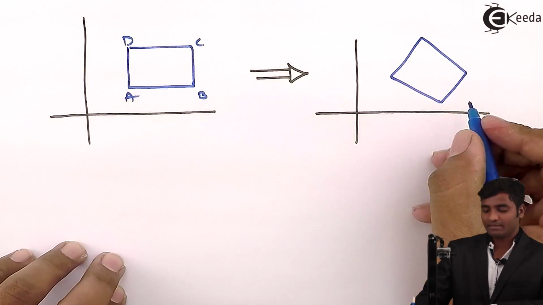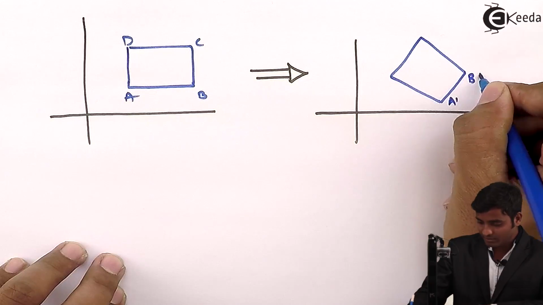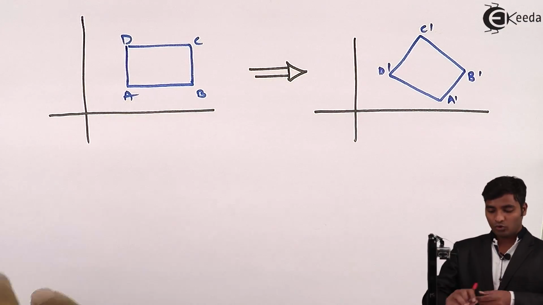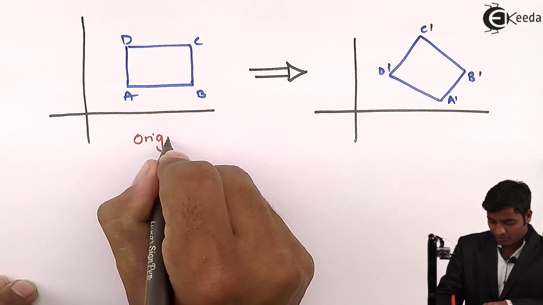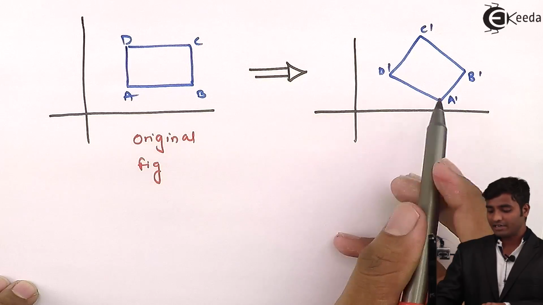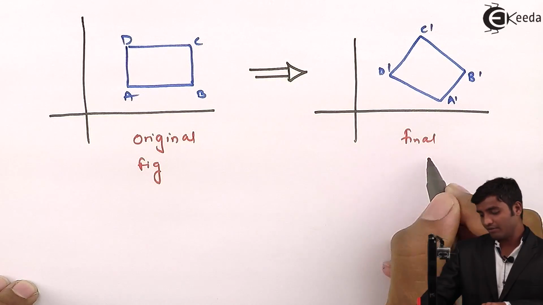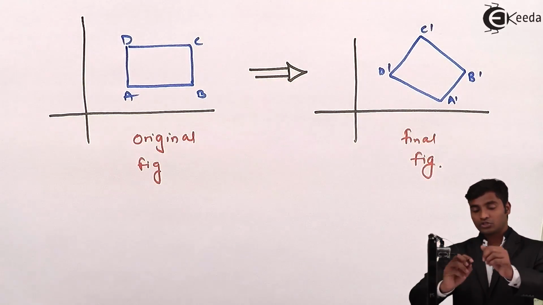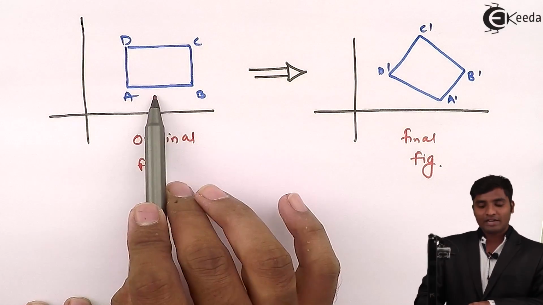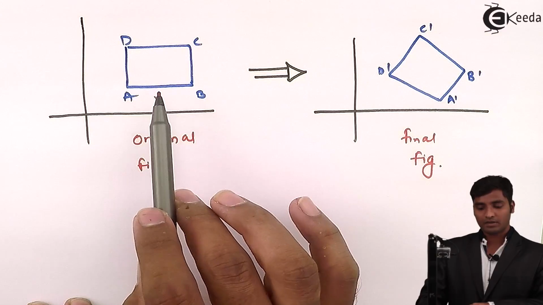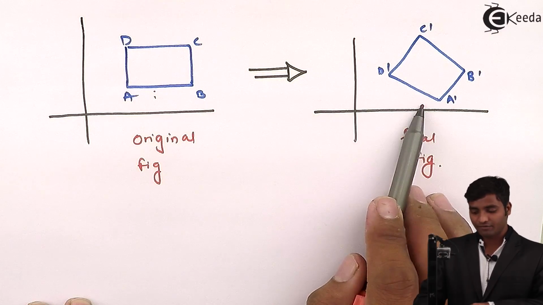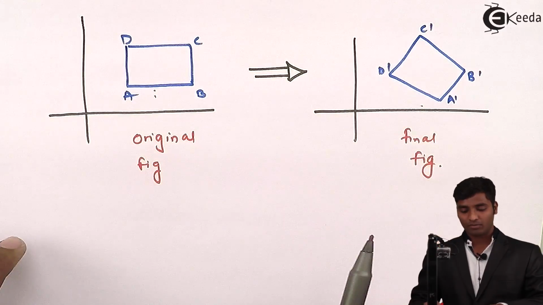So the final figure I am naming with dash, so A dash, B dash, C dash, D dash. This is the original figure, and we have to convert this figure into this figure, which I will name as the final figure. You can see initially the square was of this form, and we have to convert it into the final form.